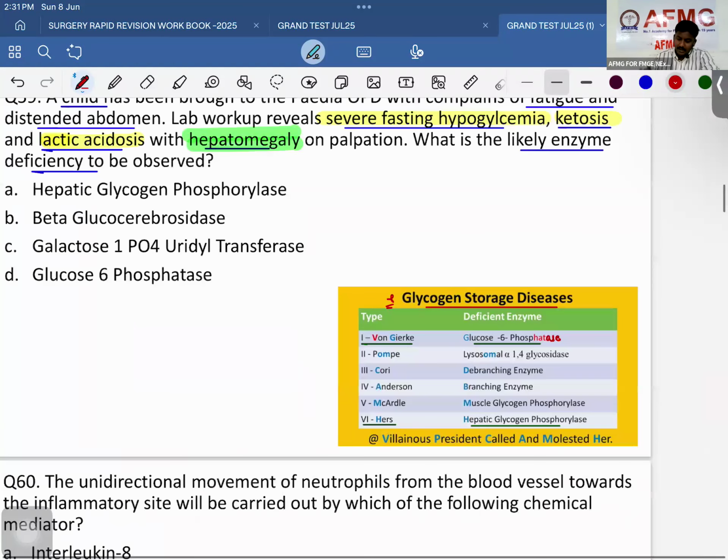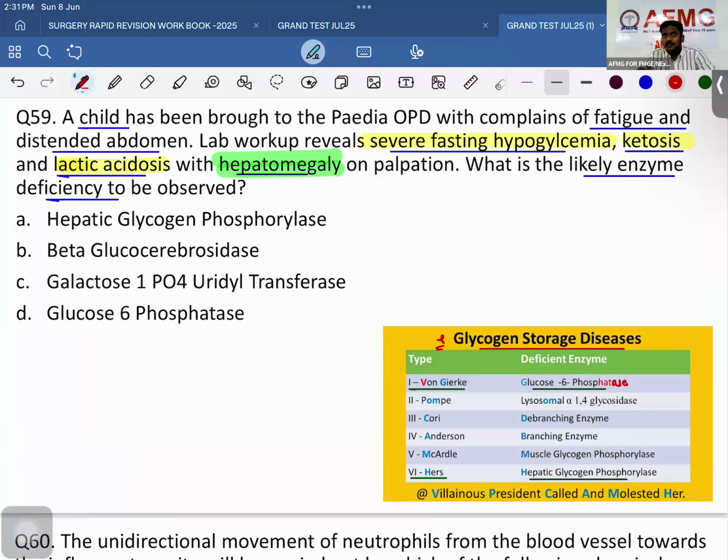So we know, remember, in von Gierke's disease the enzyme involved is glucose 6 phosphatase, which is required for two processes, beta. First glycogenolysis and second gluconeogenesis. So in von Gierke's, when this glucose 6 phosphatase enzyme is deficient, no process will occur in the fasting or starvation state, and therefore the patient will develop a severe fasting hypoglycemia that can cause ketosis and lactic acidosis.